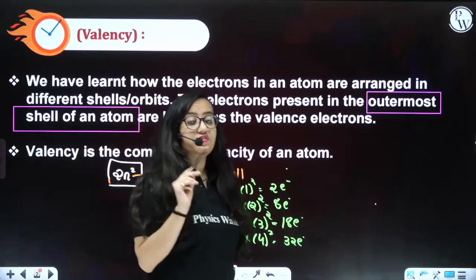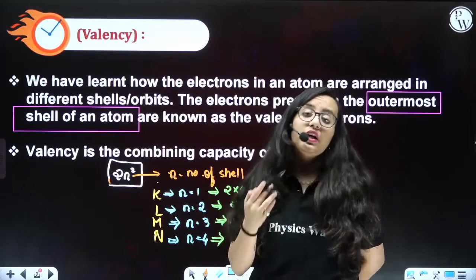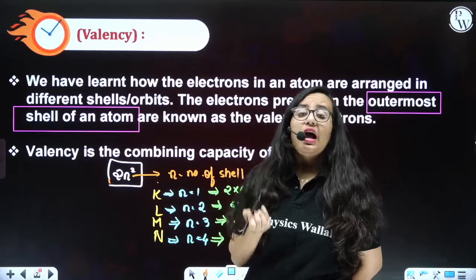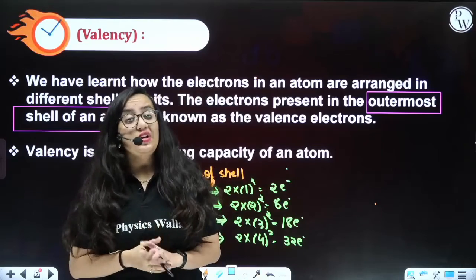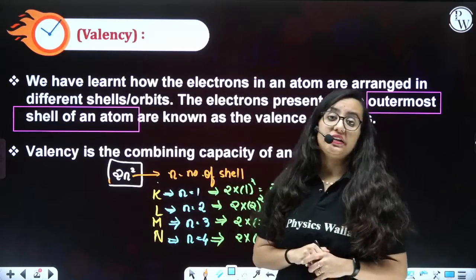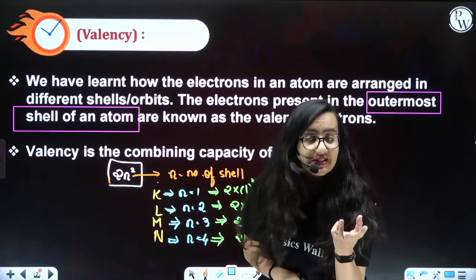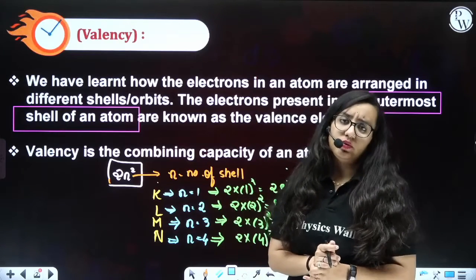Never ever forget that whenever I am talking about valency, whenever I am talking about valence shell electrons, I am always talking about the outermost orbit of that atom.